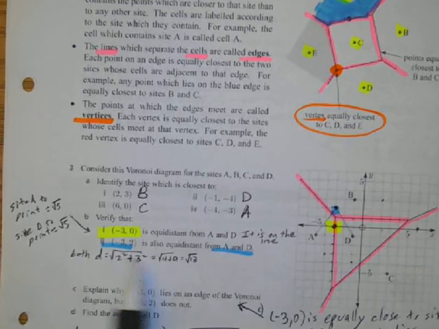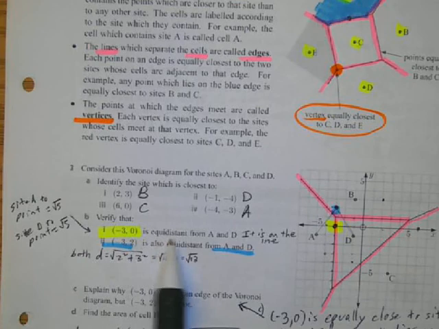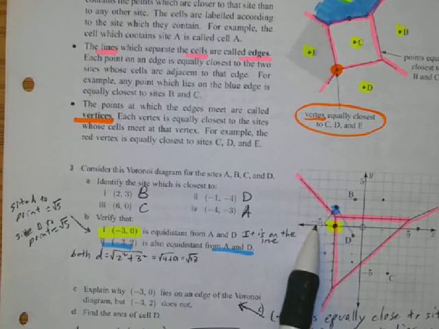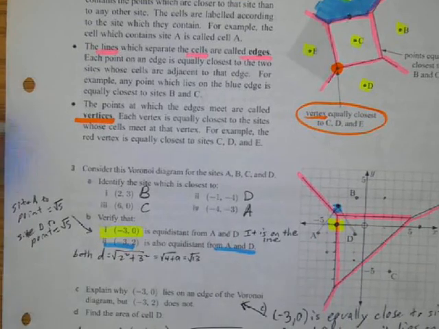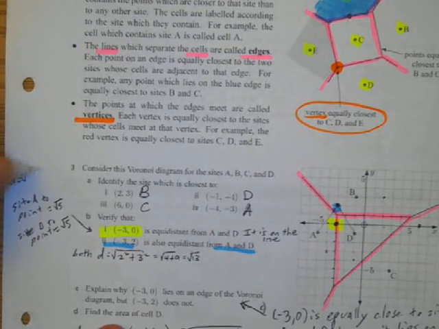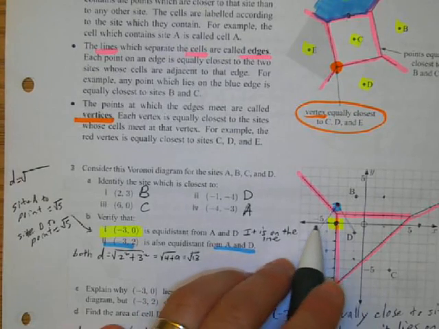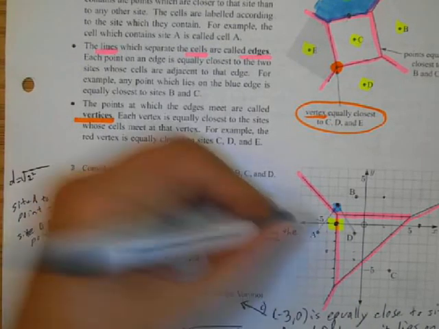Verify that (-3, 0) is an equal distance from A and D. Basically, you can use the distance formula, and you can see it's going up 1/2 here and going up 1/2 here. Those distances are the same. To calculate that distance, we learned earlier the differences of the x. The x value change is 2, and the y value change is 1.